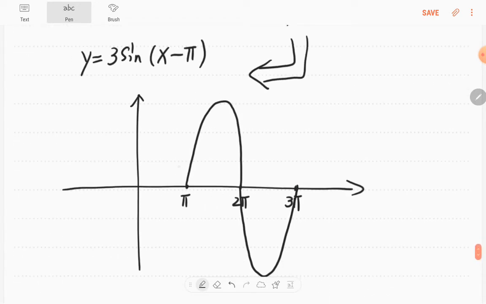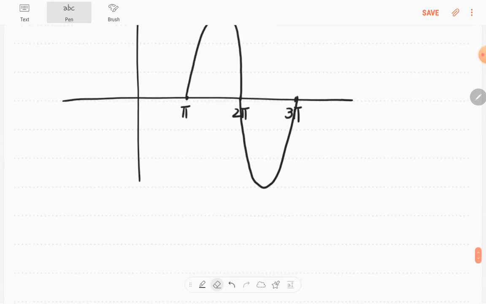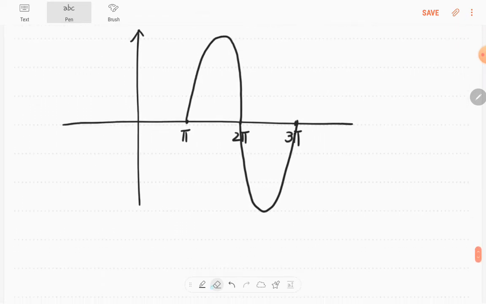Of course, we have other periods. So let's continue. This is one period, and we have another period, which is 4 pi, 5 pi. You can see it looks like this one.